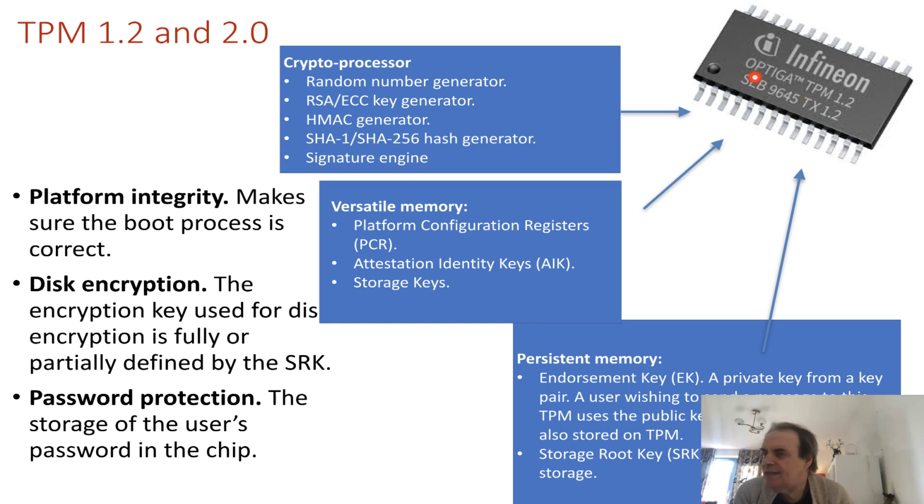And this is the key that is stored long-term in the device. The storage root key is often used to encrypt disks and will be changed every time there is a new user of a computer, or when the system is scrubbed.